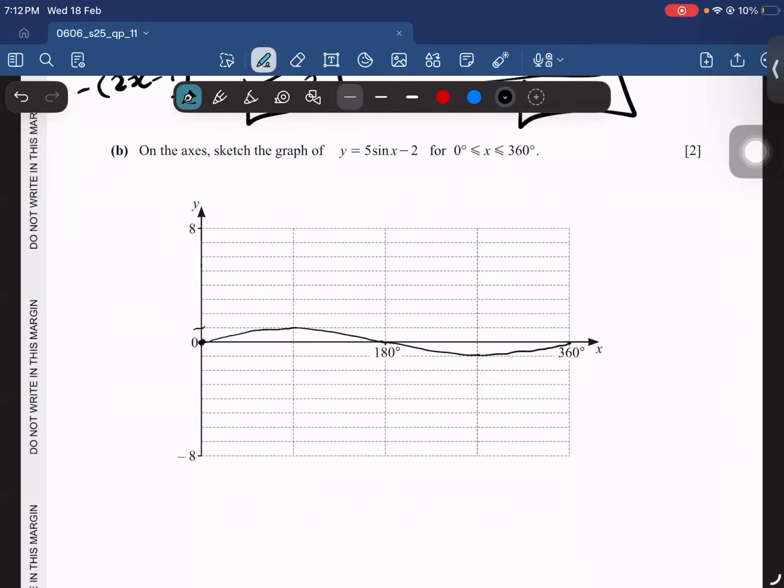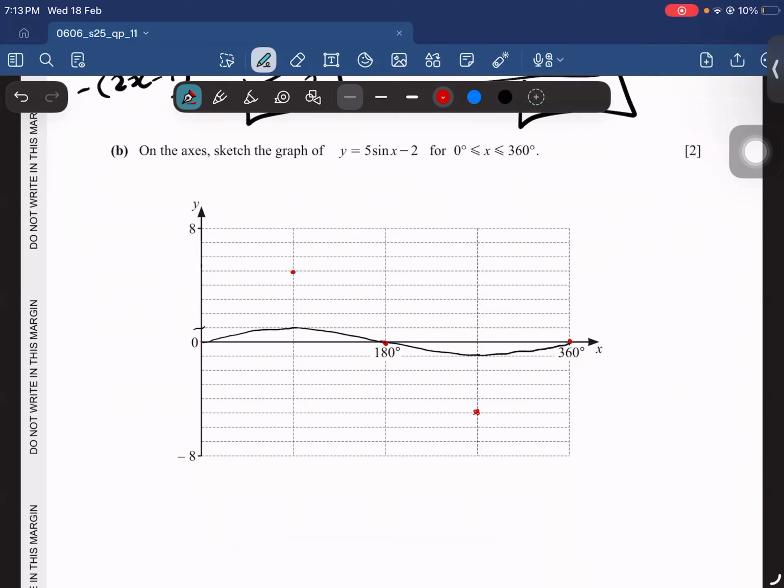And that just means that I multiply all of my y values in my sine graph with 5. So I'm going to do this in red. Starts at 0 still, but 1, 2, 3, 4, 5, we'll go all the way up till 5. Comes back at the same point, but now 1, 2, 3, 4, 5 goes all the way down to negative 5, comes back here.